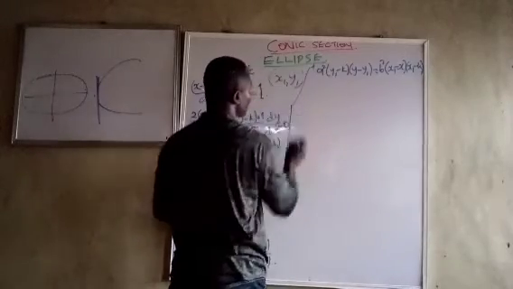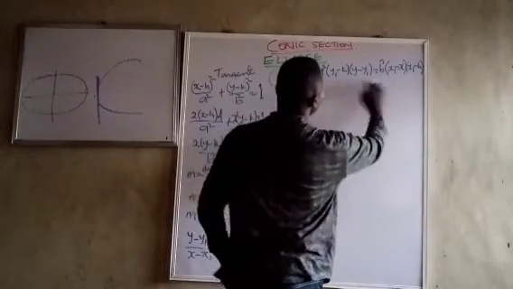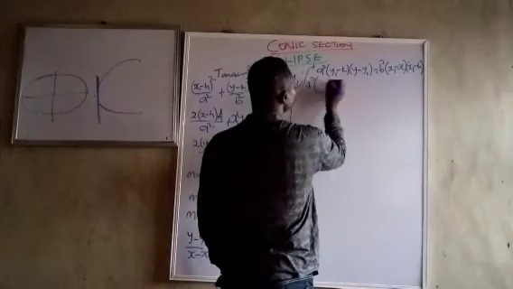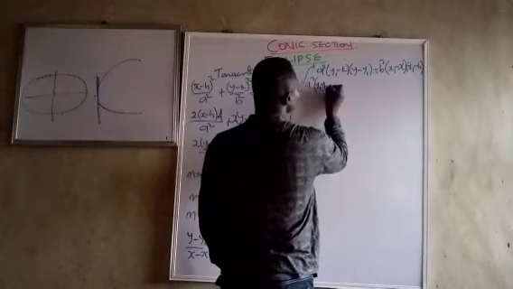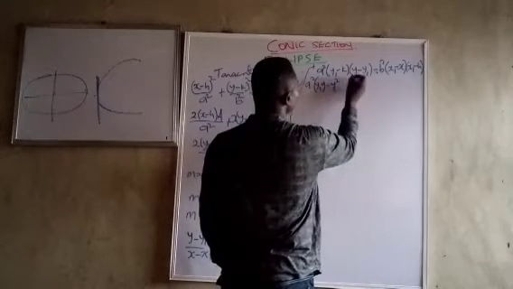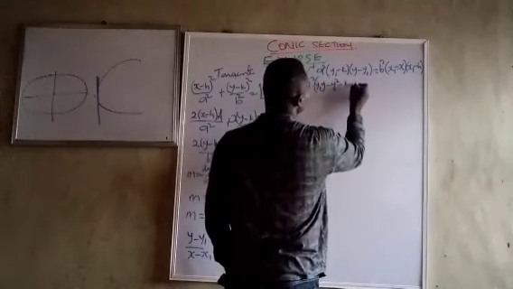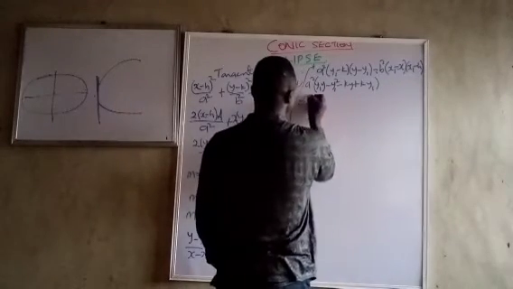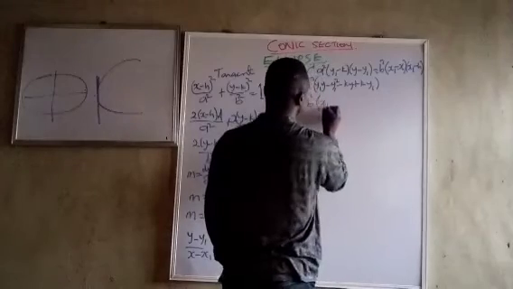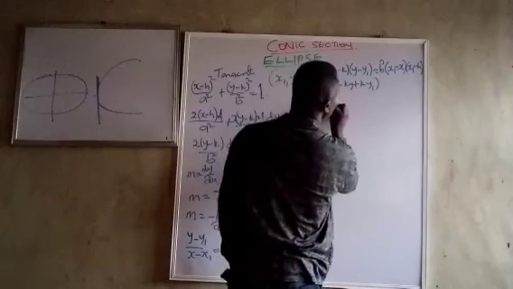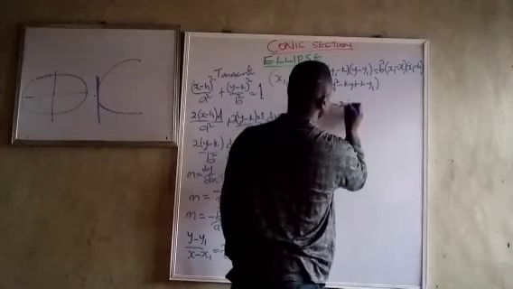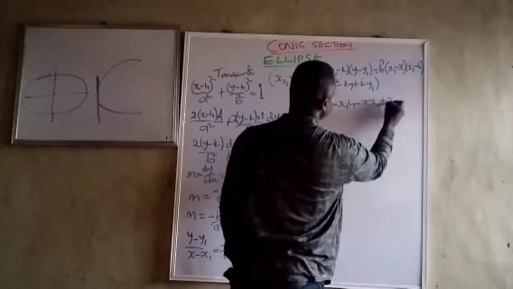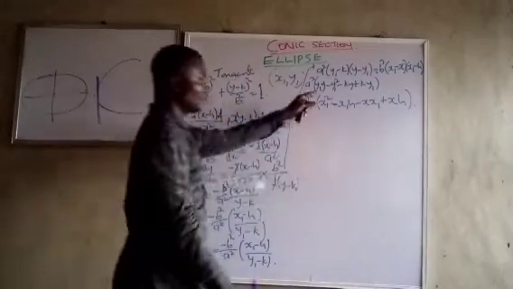So on expanding, I have a squared into y1y minus y1 squared minus ky plus ky1 is equal to b squared into x1 squared minus x1h minus x1 x plus xh. Please, I want you to follow that.